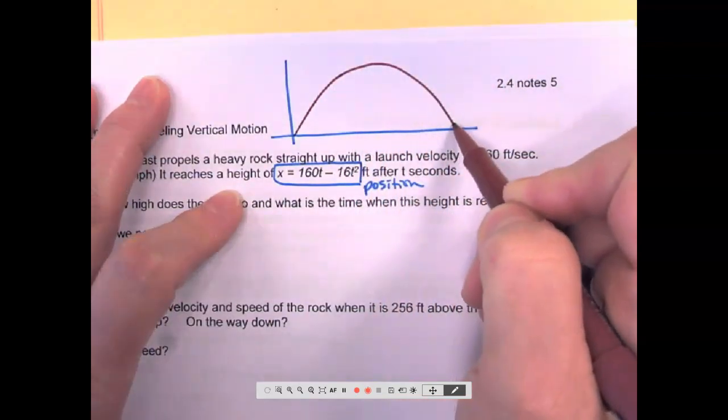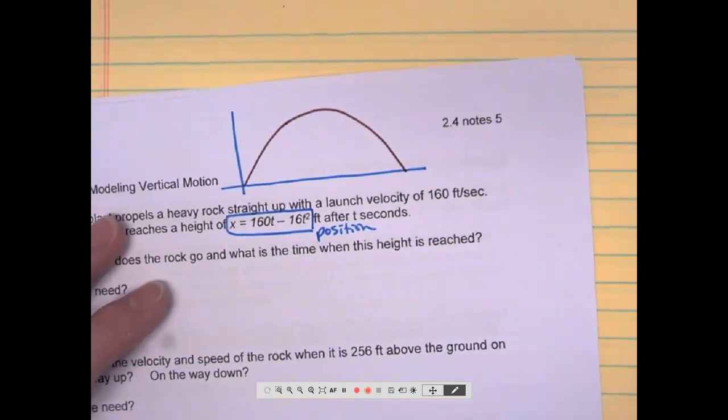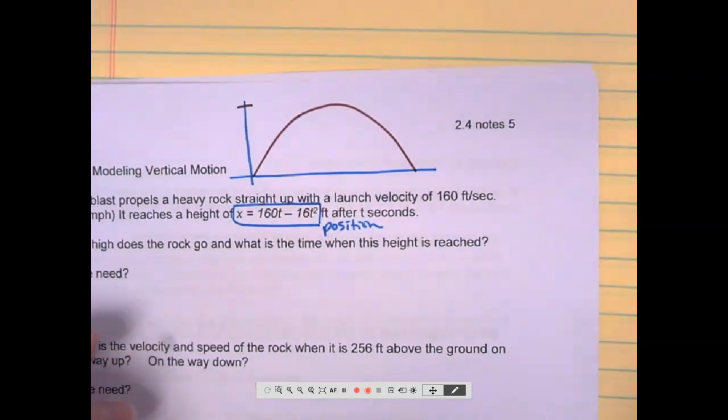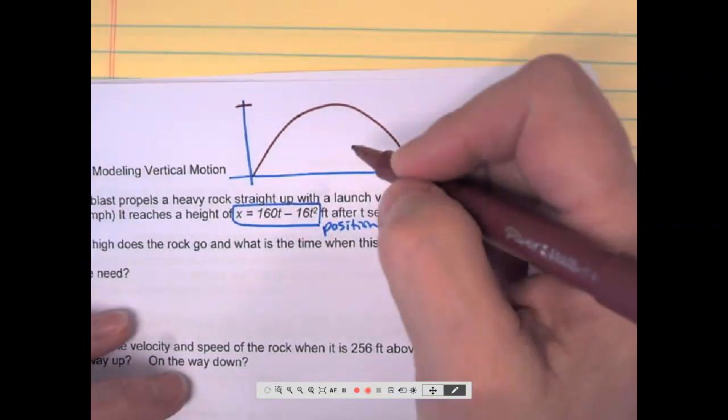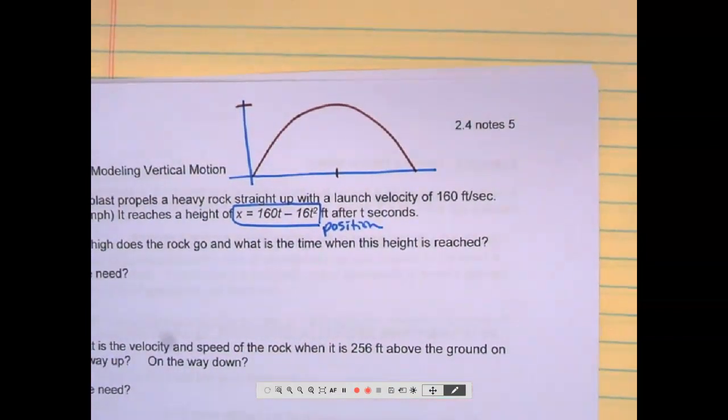Then it comes back down, and it should be parabolic in nature. So it will eventually reach a highest point, and at that highest point, time should be halfway, because we're not dealing with wind or friction or anything like that. We're just keeping it simple. So halfway during this path, it reaches its highest point, then it comes back down.